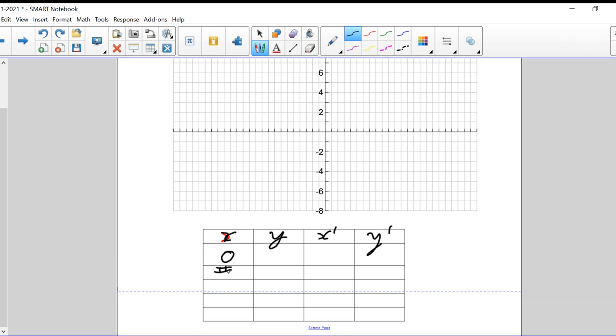That would be pi over 2. That would be pi. That would be 3 pi over 2. And that would be 2 pi. That would complete the horizontal axis for one full cycle of a sine or cosine function. It doesn't really matter. Now, let's get to the y values.